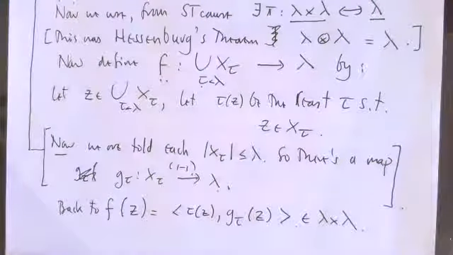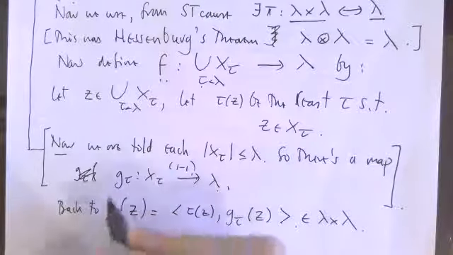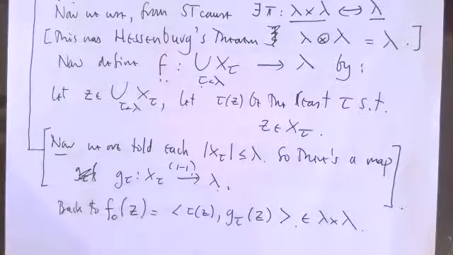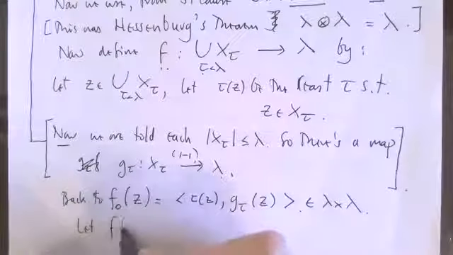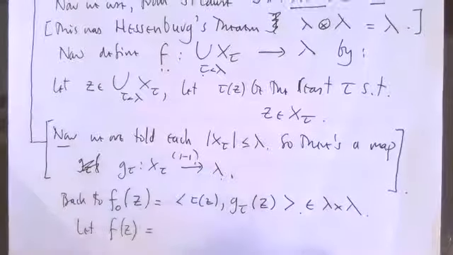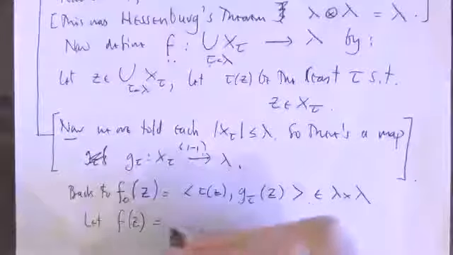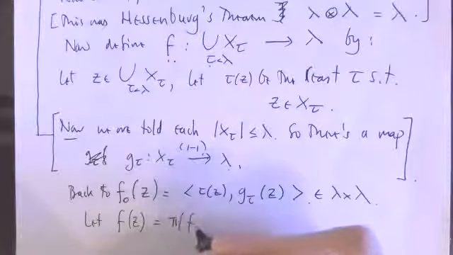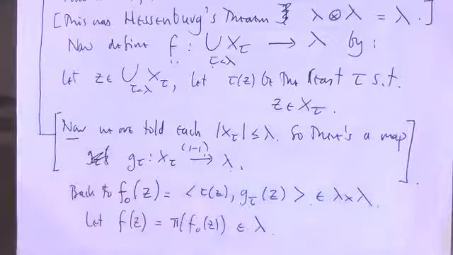I haven't quite got F here. Let's call that F0 of Z. And then finally, we'll let F of Z be, I'll apply pi to this pair. So that's in lambda.